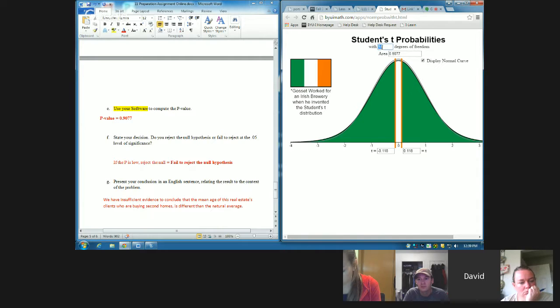Shade the p-value. I'm finding the p-value in the software. I remember the p-value is when you have both tails shaded and the middle clear.